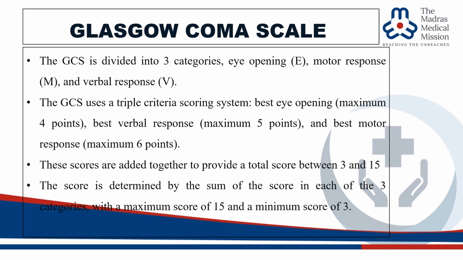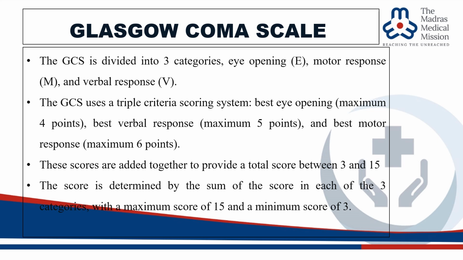The Glasgow Coma Scale is divided into three categories. The first category is the eye opening, noted as E, the motor response M, and the third category, the verbal response V. The GCS uses a triple criteria scoring system: the best eye opening, with a maximum of 4 points, the best verbal response, with a maximum of 5 points, and the best motor response, with a maximum of 6 points.